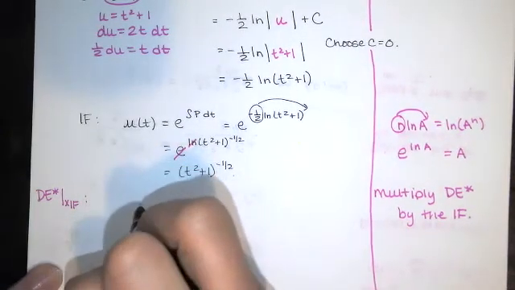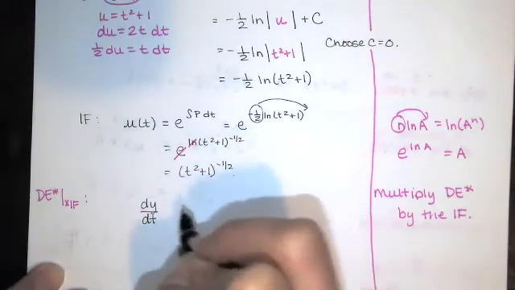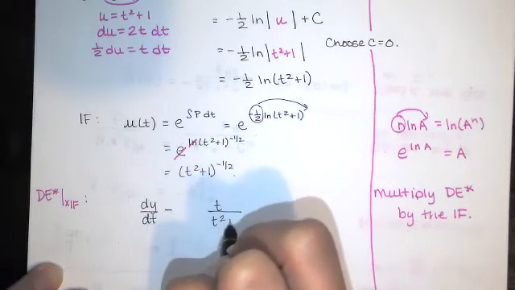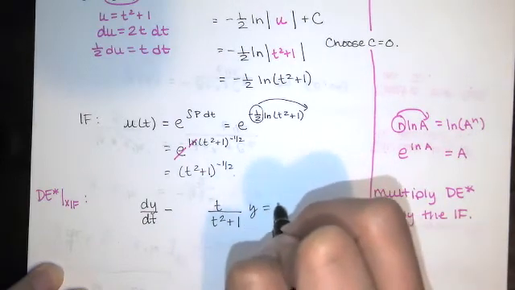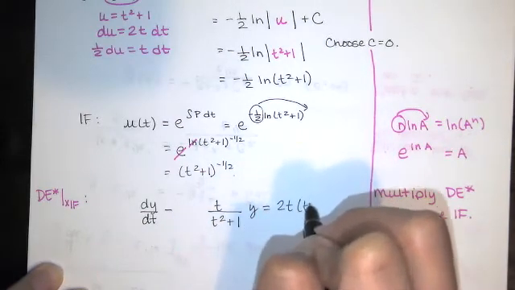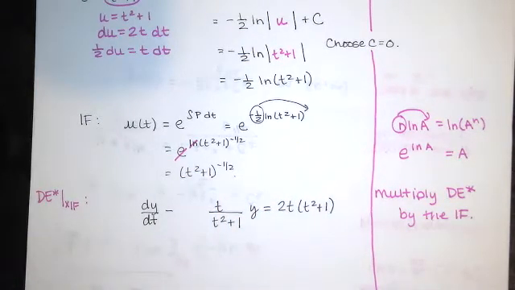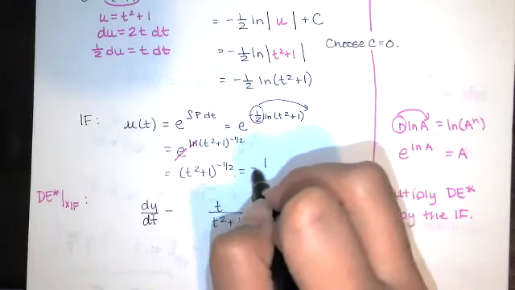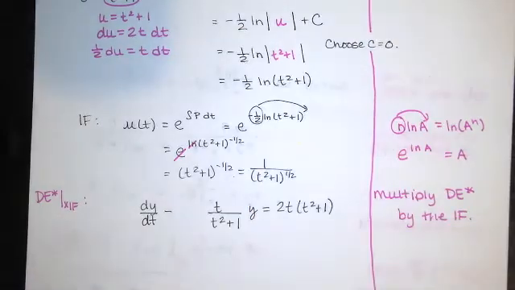So we've got y prime, or I prefer Leibniz notation, dy/dt, minus t divided by t squared plus 1 times y equals 2t times t squared plus 1. And we're multiplying everything by this integrating factor of t squared plus 1 to the -1/2, or you can call that 1 over t squared plus 1 to the 1/2. I think that's what I'll do here.